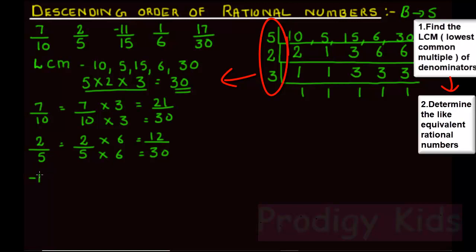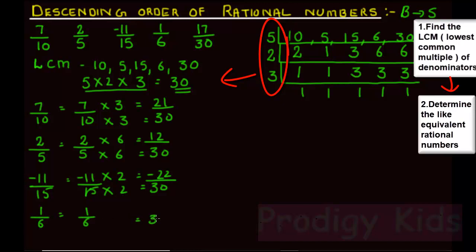Then let's take negative 11 by 15. We need to get a 30. 15 2s are 30. Negative 11 into 2 is negative 22. Let's take the next rational number, 1 by 6.